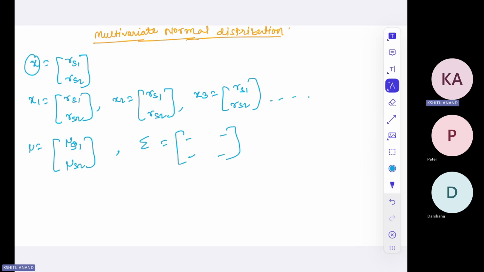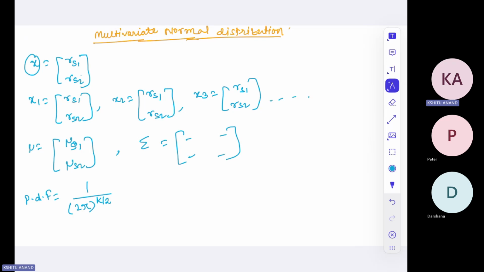Yes. Okay. So now in the case of multivariate normal distribution, we write the probability density function. The formula is given by 1 over (2 pi) to the power k by 2. K simply denotes how many dimensions your data has. So here k is 2.